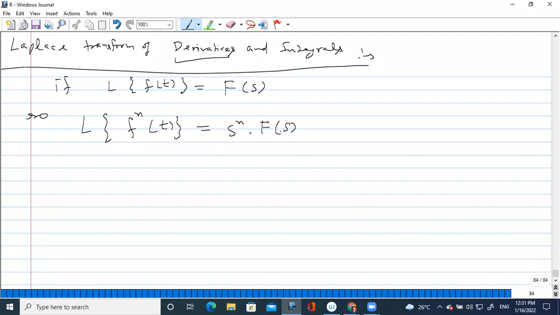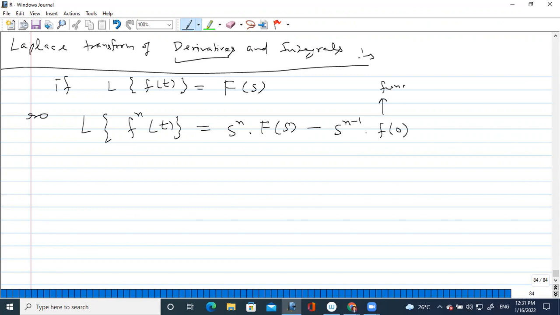Okay, s to the power n F(s) minus, then you reduce this s power in every term. So then it will be s to the power n minus 1 into, here start from 0, means start from without differentiation. So this small f is your function, mind it.